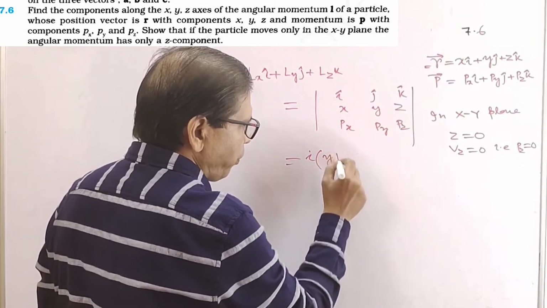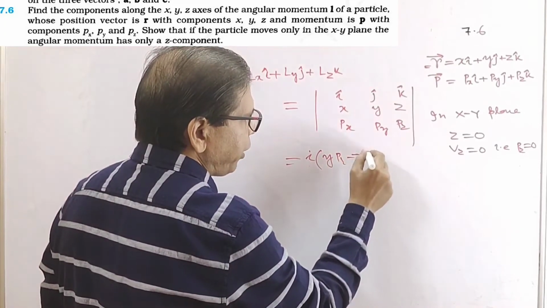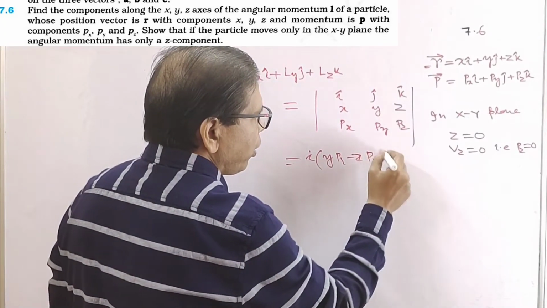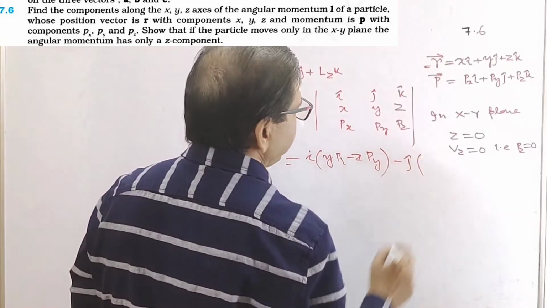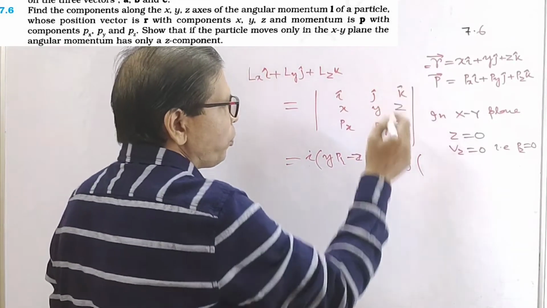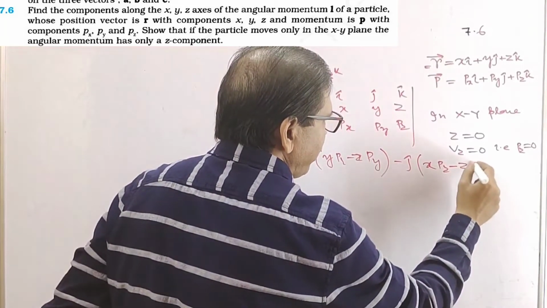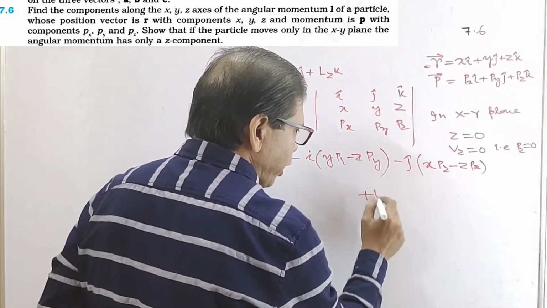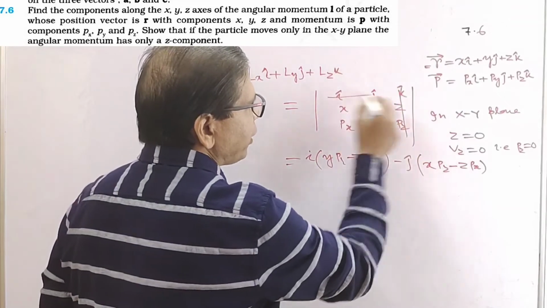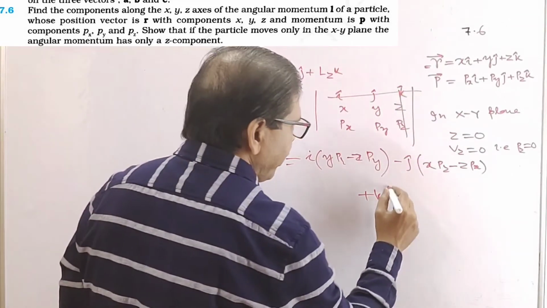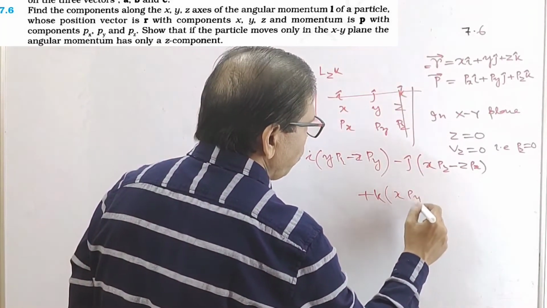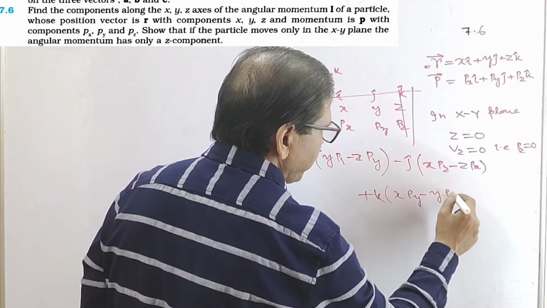So we get ypz minus zpy. Then minus j cap, where this row and column are omitted, so xpz minus zpx, plus k cap, where this column and row are omitted, so this is x into py minus y into px.